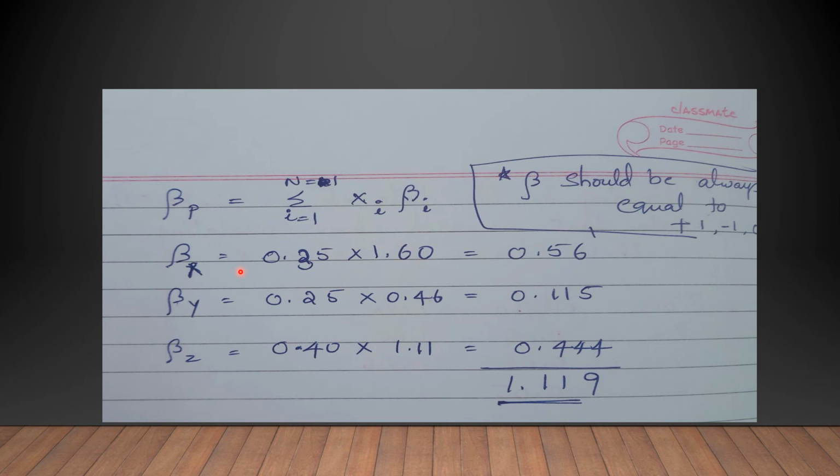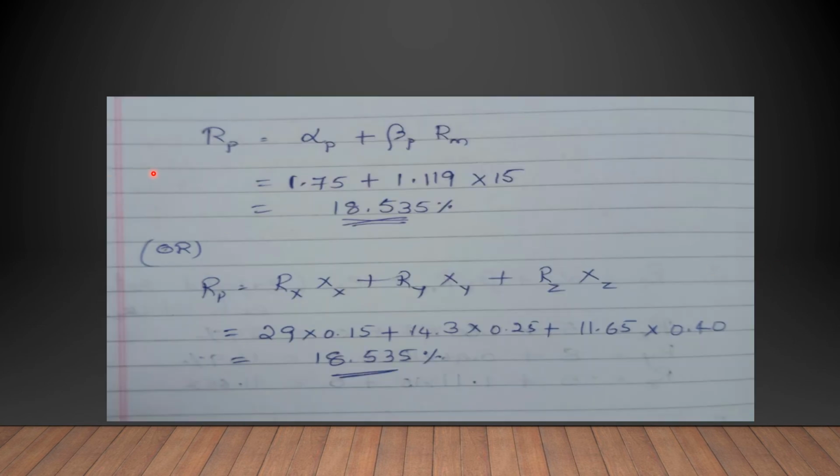Okay, now you have to find the return on the portfolio. What is the formula for the return on the portfolio? Return of the portfolio equals alpha p plus beta p into Rm plus ei. So ei is negligible. If the residual value is given, then only you have to take it, otherwise it is not needed.